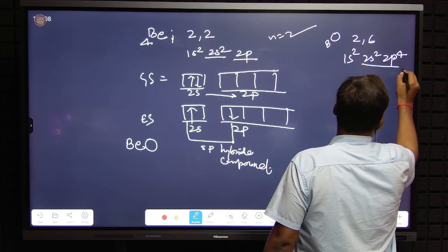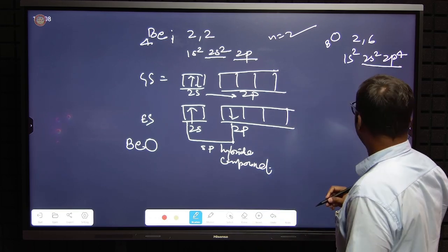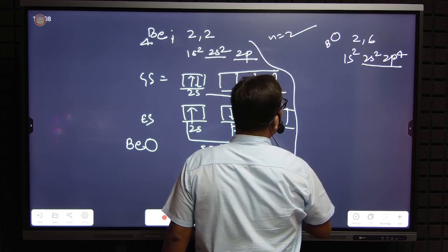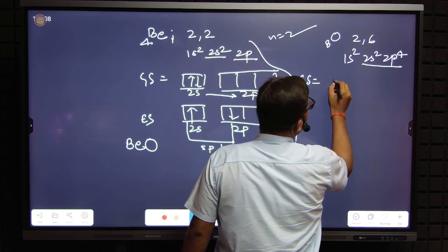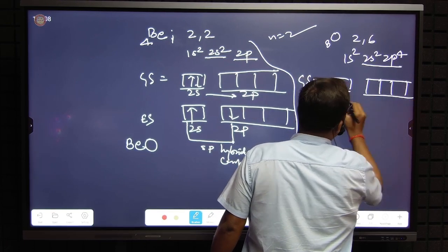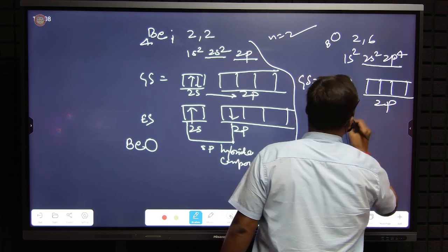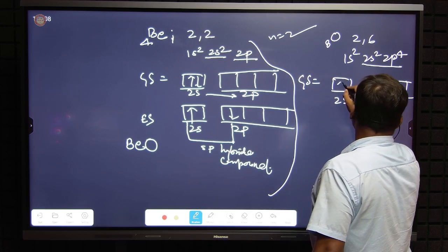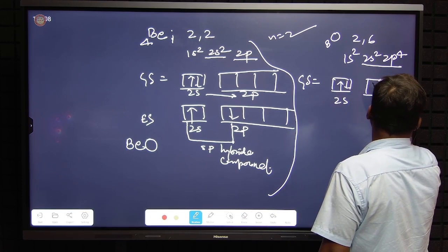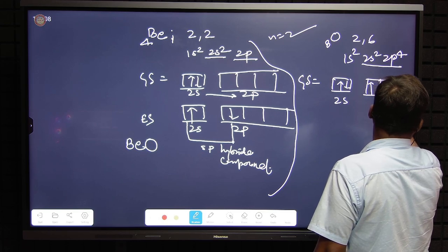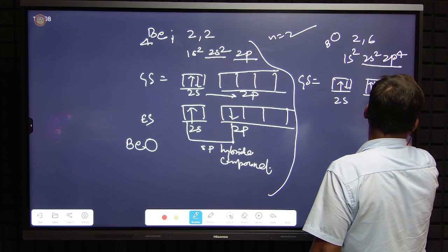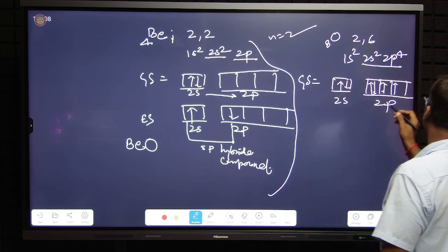Now the 2s and 2p are the valence shell. So what is the ground state configuration? The 2s and the 2p, so in 2p there are 4 electrons, where the first ones are unpaired with the same spin and the fourth one is in pair form.